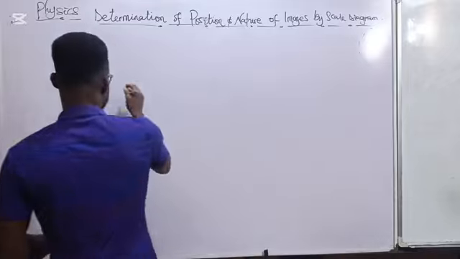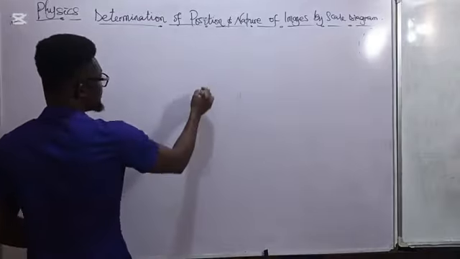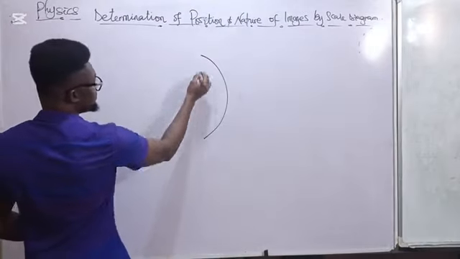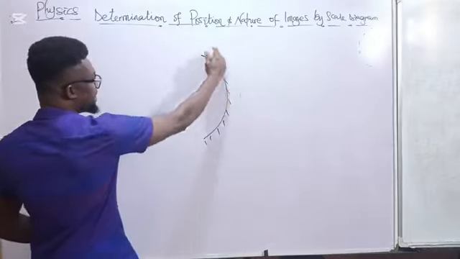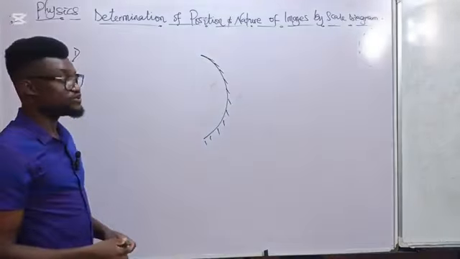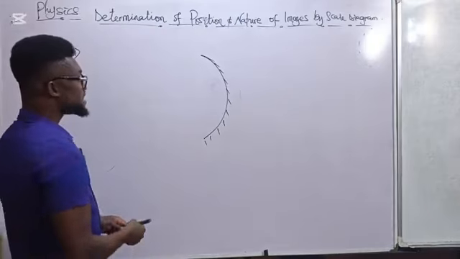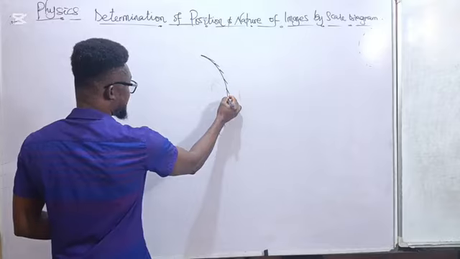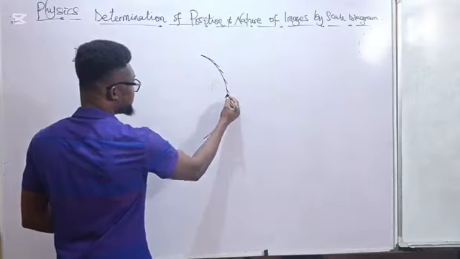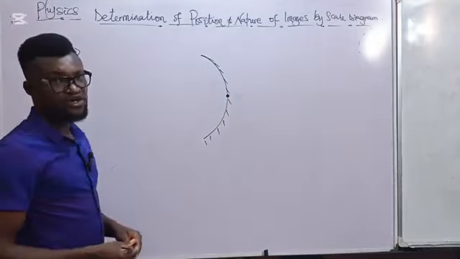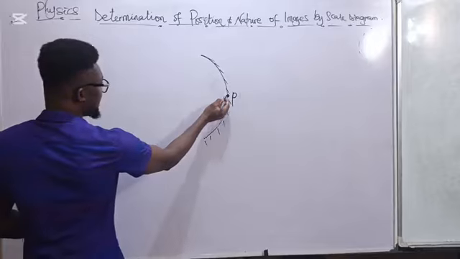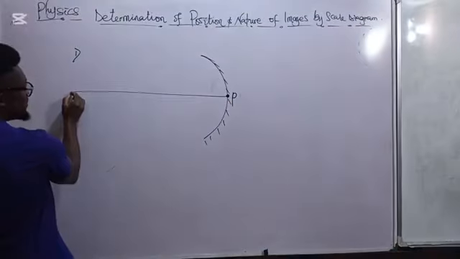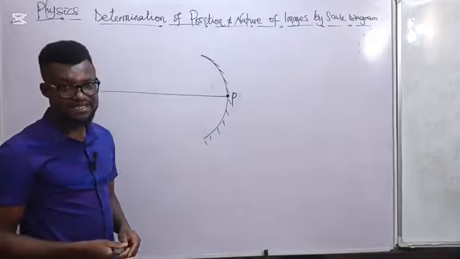Now, when you have a curved mirror, let's say this very one, and the back of it is coated, we term it a concave mirror. Using this concave mirror, the center of the mirror we call the pole. So here is the pole. Then we have an imaginary line which we term the principal axis.